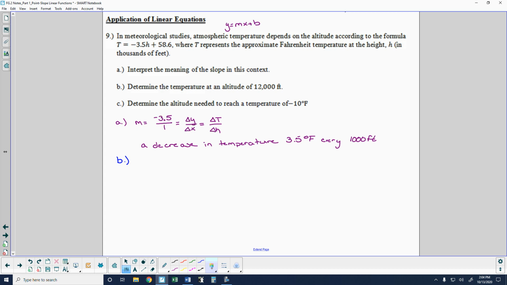Now let's look at B. It says determine the temperature at an altitude of 12,000 feet. So remember height is H, and height is in thousands. So if this is 12,000 feet, this actually gives us H that is 12. So basically what we want to find is what is the temperature when H is 12. So we can do a simple substitution here, put in 12 for H, and then evaluate the expression.